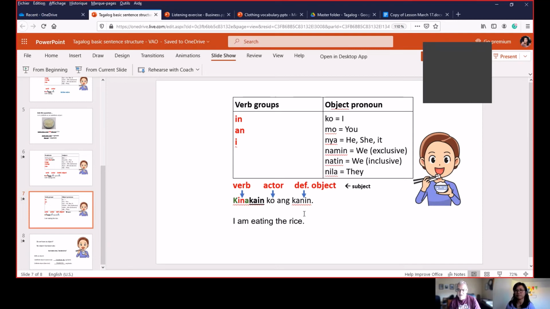Kinakain ko. So if you use the passive voice, the object becomes just the subject. It's hard to connect it to English because all of a sudden the definite object becomes the subject.